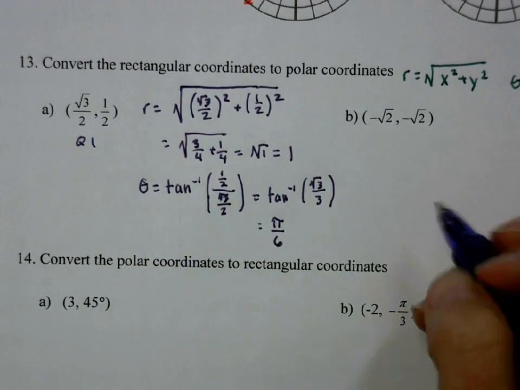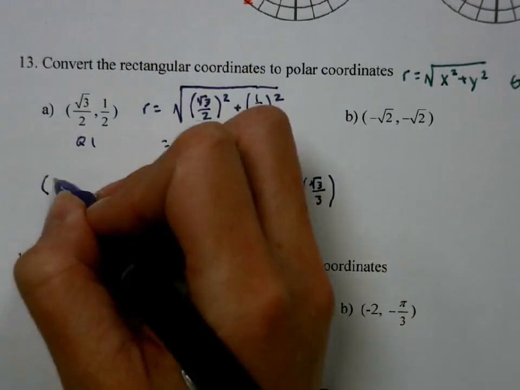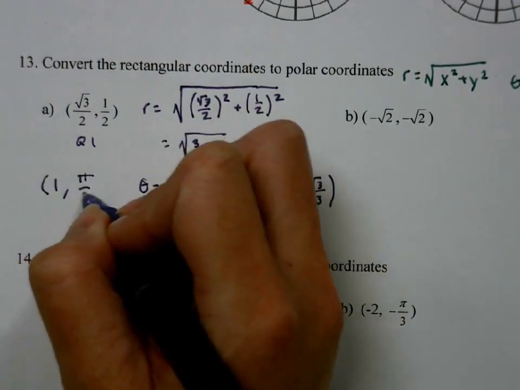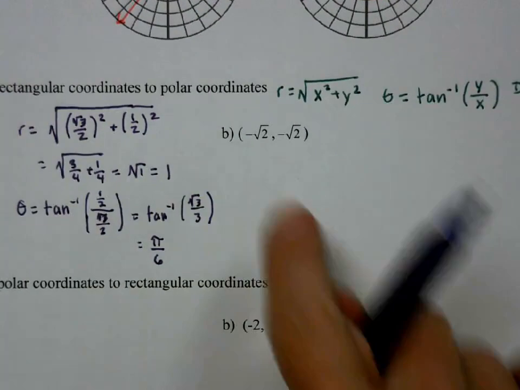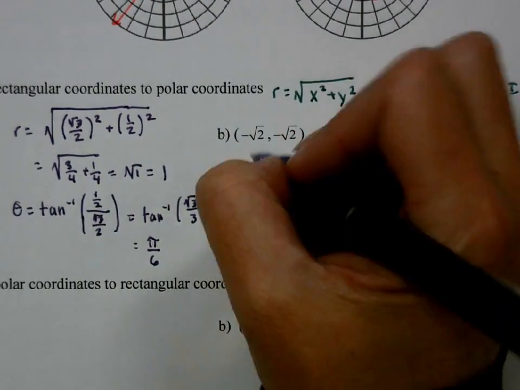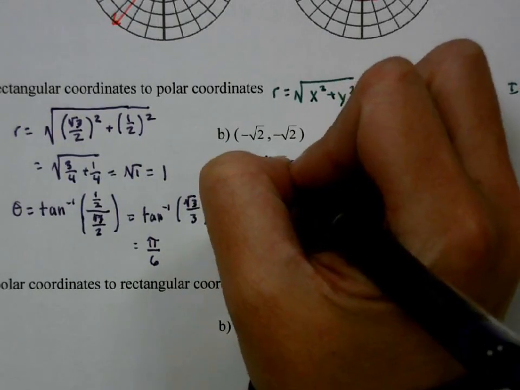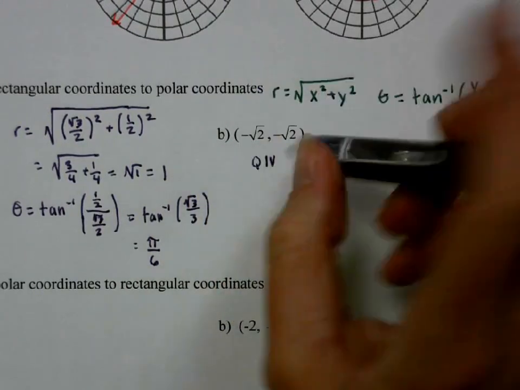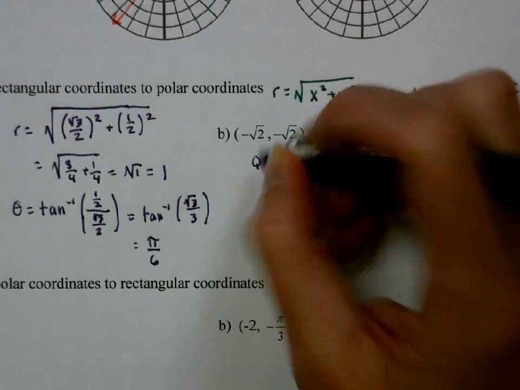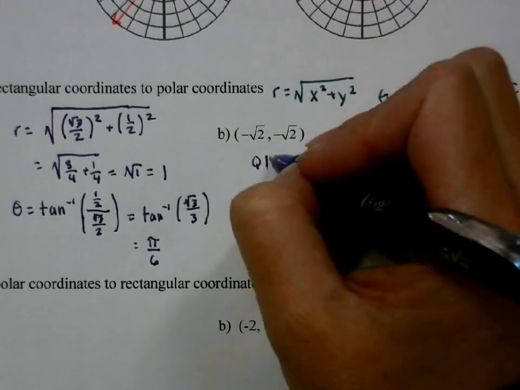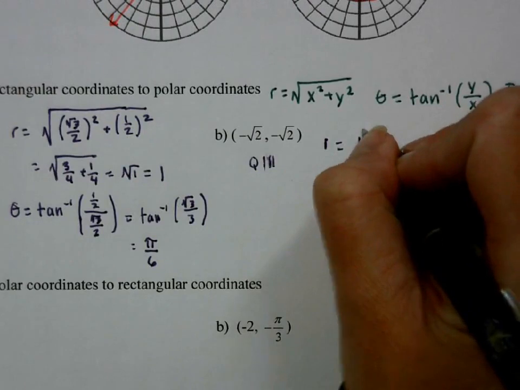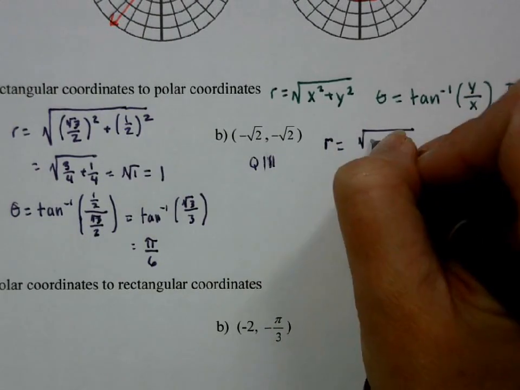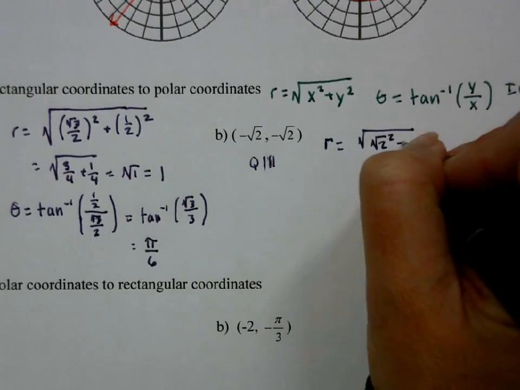This second one, it's a little tough to tell, but these are supposed to be negative, negative. So this is quadrant 3. Okay, so our r value is the square root of root 2 squared plus root 2 squared, which will be 2 plus 2, which is 4. Square root of 4 is, of course, 2.